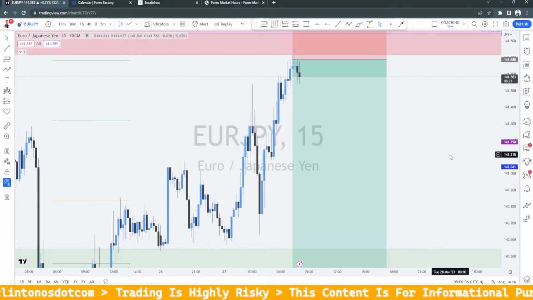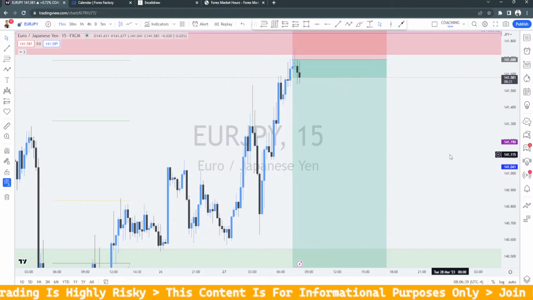Is it a sniper entry? Looks like it's a sniper entry.